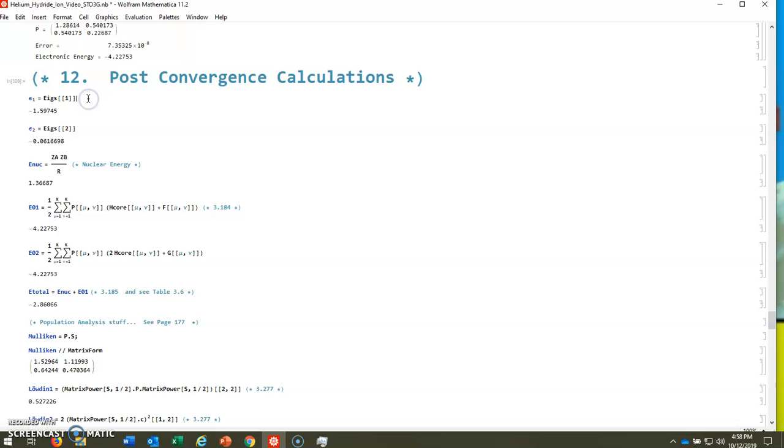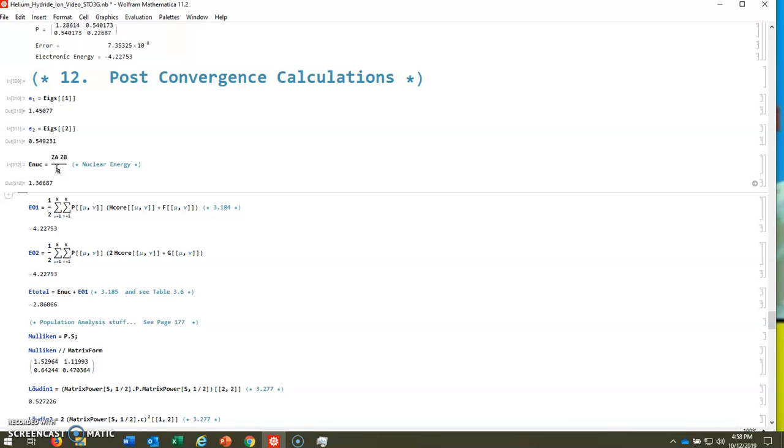We can calculate the orbital energies here from the eigenvalues that we calculated before. So there's the orbital energies for 1 and 2. We can calculate the total nuclear energy by taking the electronic energy that we've calculated and just adding to that the repulsion between the two nuclei, which is fixed for a fixed R value.